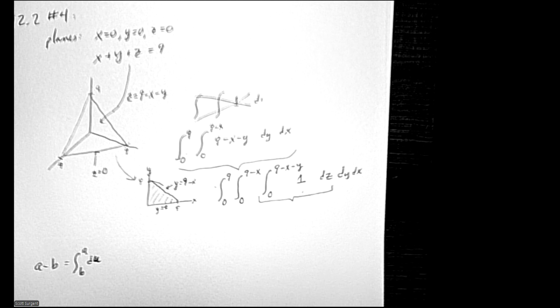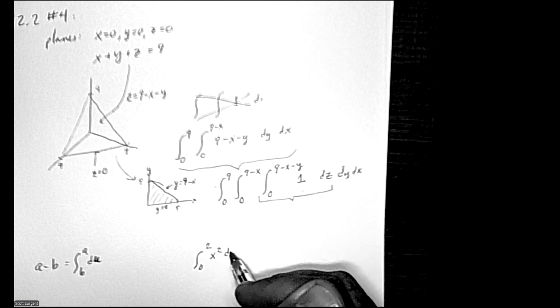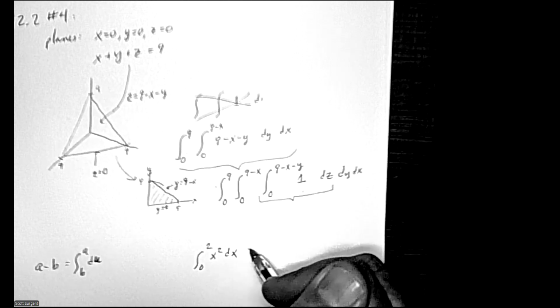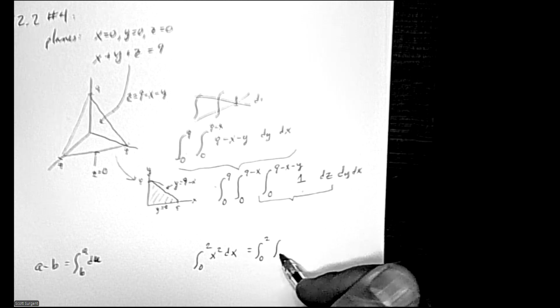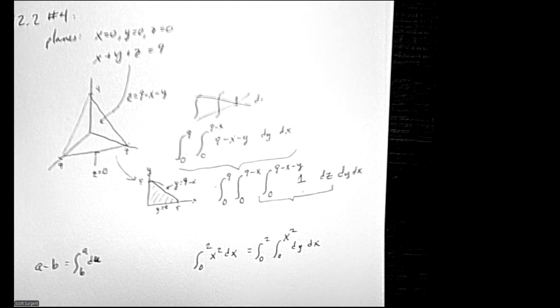And you can do this like a regular integral from Calc 1. If I had 0 to 2 of x squared dx, that's the same thing as 0 to 2 integral and then 0 to x squared dy dx. That's a double integral right there. So it's a neat little trick that is quite useful.